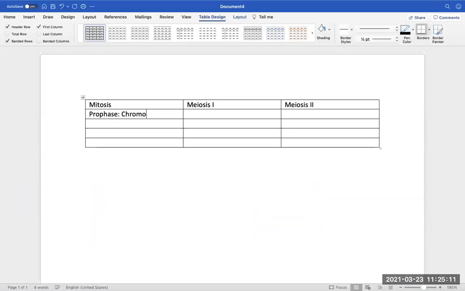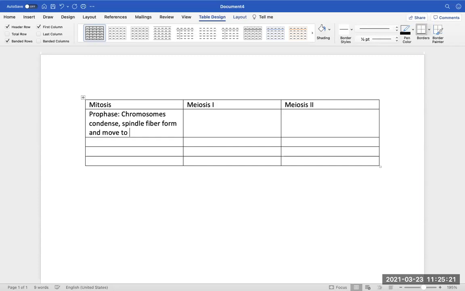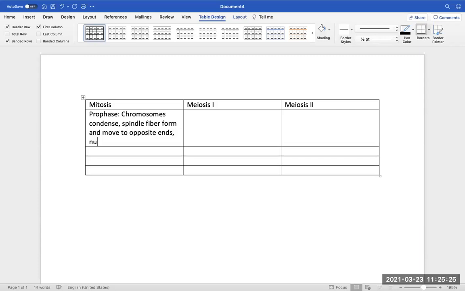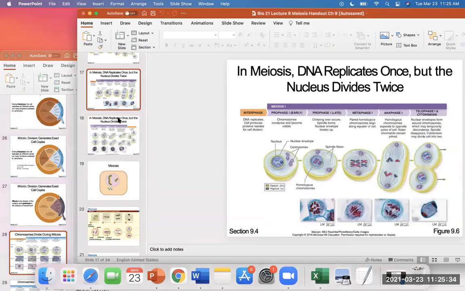So chromosomes condense, spindle fibers form and move to the opposite end, and also the nuclear envelope breaks up. That's mitosis. Now let's look at meiosis. What's happening in meiosis?